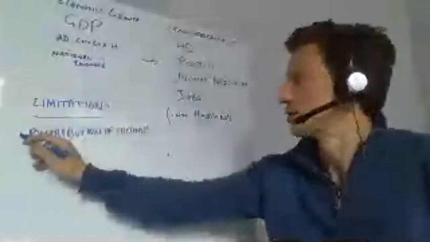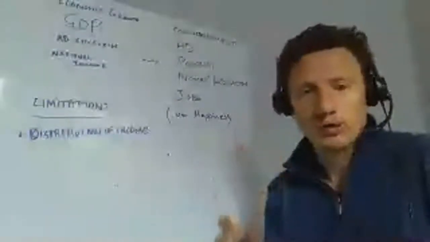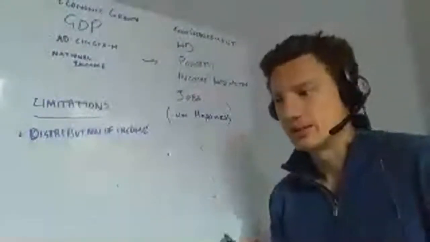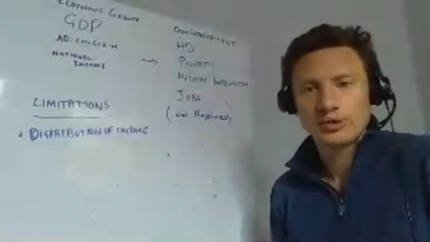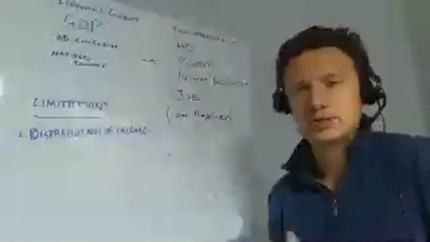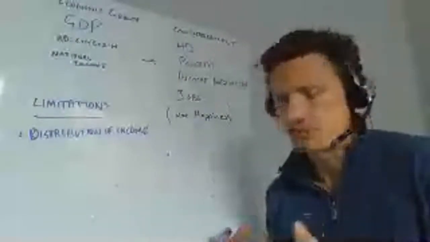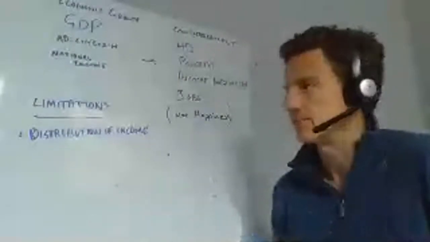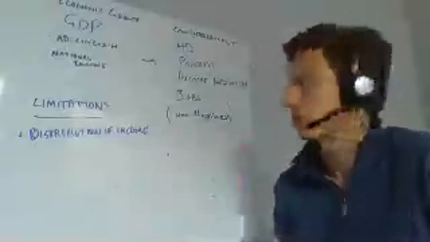We talked about the national income increasing, but that's the total national income. There's nothing to say that everybody is getting richer. It might just be one person. It might just be the top 10% of income earners in the country that are getting richer. So just because GDP is increasing, don't assume that everybody is getting richer. It might just be restricted to that top end, and therefore you might get income inequality, as we've talked about.